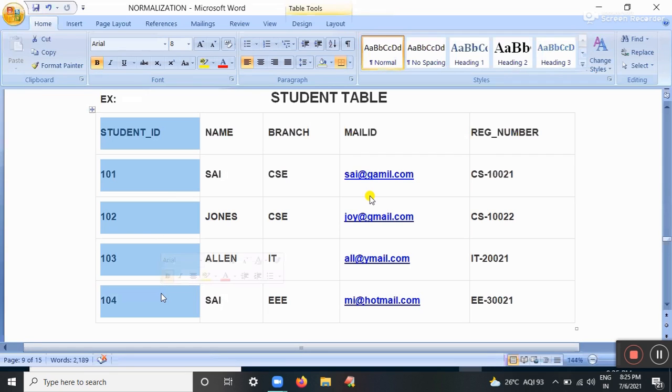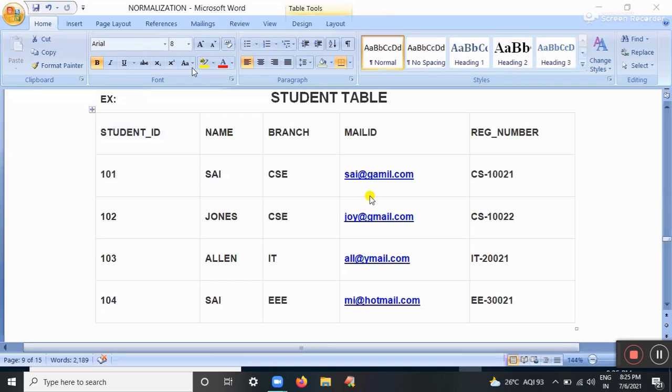This column has the values 101, 102, 103, 104. Can I say the student ID column is identifying each row with a unique number? There are 4 rows: the first row has student ID 101, the second 102, the third 103, the fourth 104.